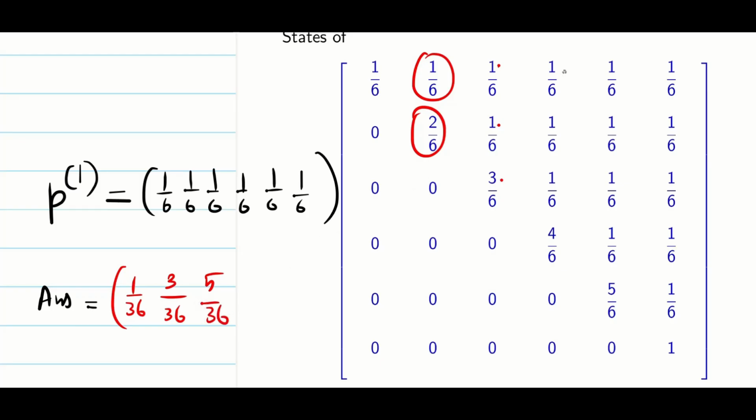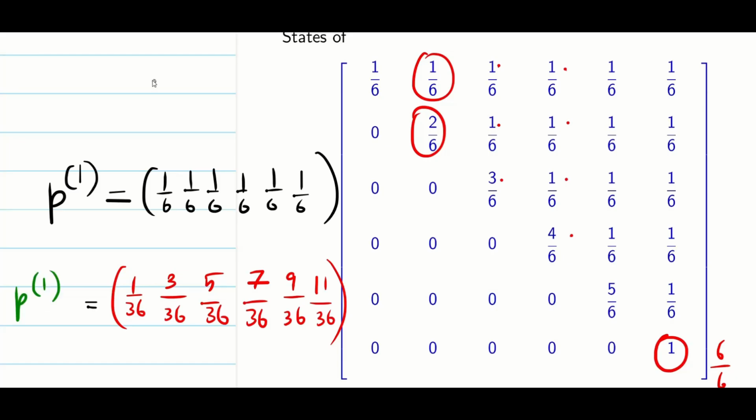Similarly, first row with the fourth column, 1, 1, 1, 4. So it is going to be 7 by 36, and the next one is going to be 9 by 36, and finally we have this one, I can take it as 6 by 6. So finally the last one we have is going to be 11 by 36. So this is going to be my P1.